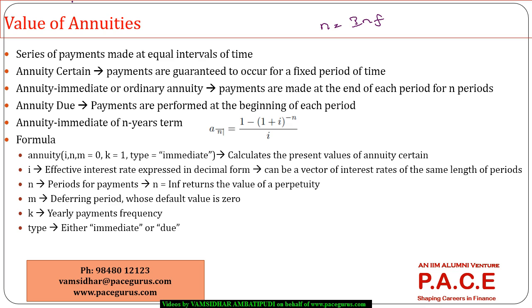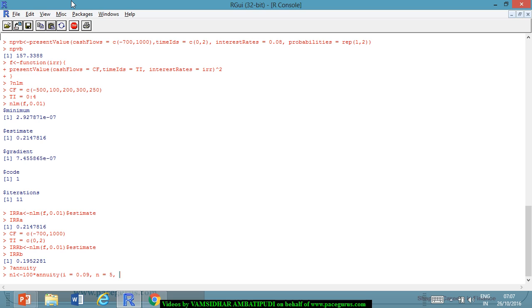M, there is no deferring period, so I can set it to 0, otherwise by default it will take as 0. K, the yearly payment frequency, here the payment is made only once in a year. So I don't need to bother about it. I can even ignore it. The default is k equal to 1.